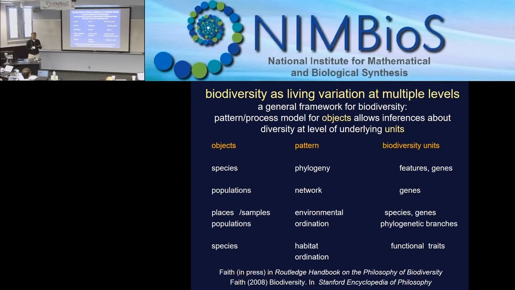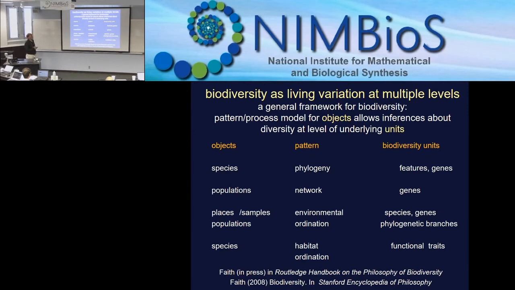Biodiversity has been defined lots of different ways, particularly among the ecologists. But if we stick to something very similar to a CBD definition, it's really about living variation at multiple levels. And the other point to make is that typically we have some units that we'd like to count up, but most of those are unknown to science. So even at the species level, many species, even in Australia, are unknown to science. So typically we're using proxies or surrogates.